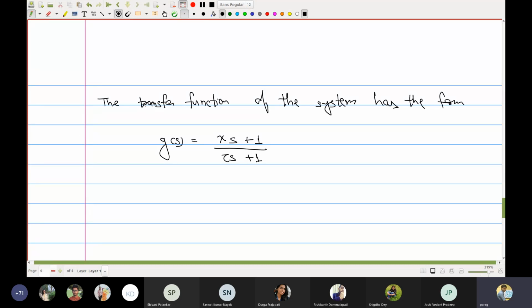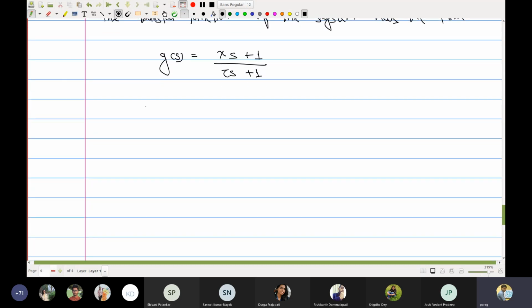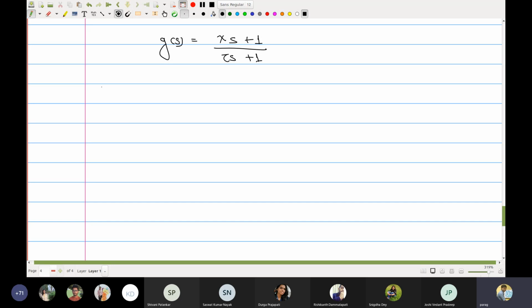Before explicitly solving for the dynamics, let's look at the characteristics of this function. I can write g of s as 1 upon tau s plus 1 plus psi s upon tau s plus 1, right?